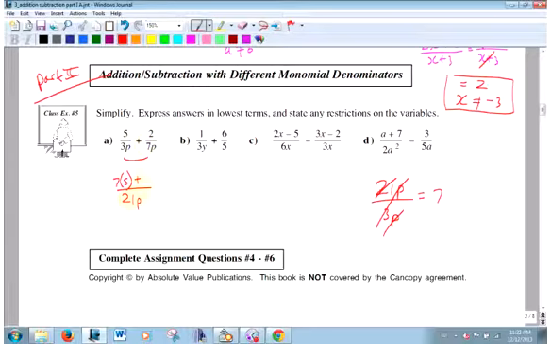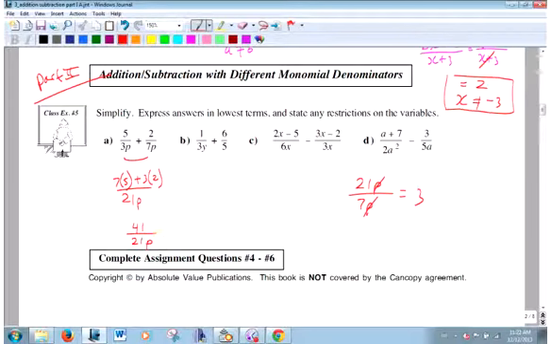How many times does 7p go in 21p? I'm just going to do this for the first question. You can do this with every one if you need to, okay? P's cancel, 7 goes in there 3 times. 3 times 2. Okay, that's 35 and 6, which is 41 over 21p.